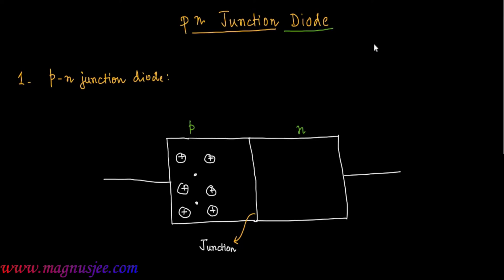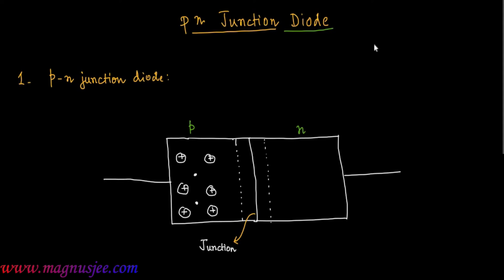On either side of the junction, there is a particular region, and that region is called the depletion region.